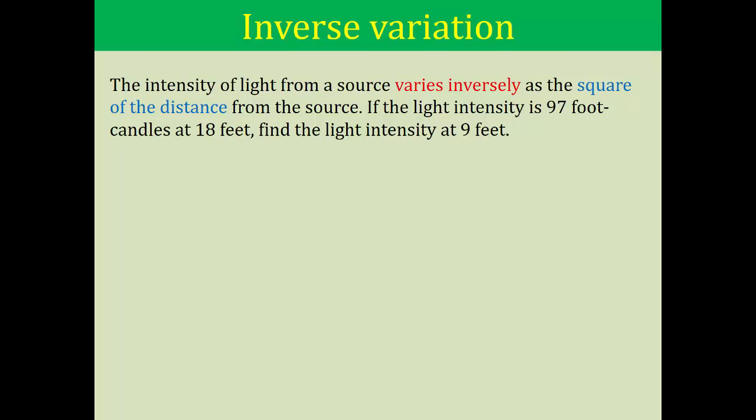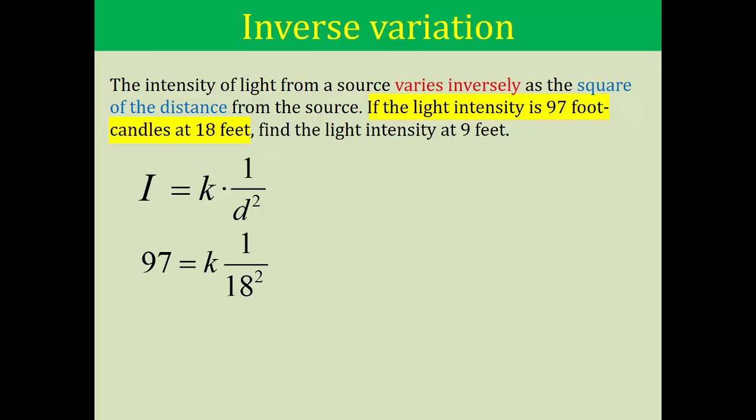Now here's a problem directly from the homework. I've highlighted a few key phrases. We start by translating the intensity of light. We'll say I varies inversely. That's 1 over D squared. We take the next numbers and plug them in. For I, we'll use 97.